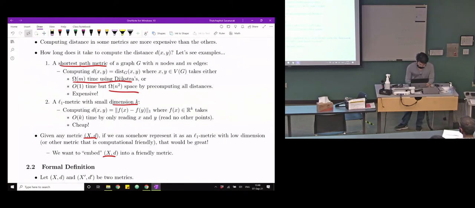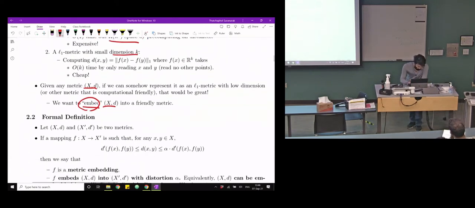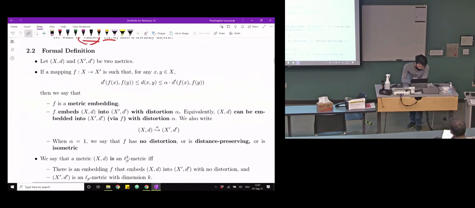So let me tell you what I mean by embed here, and what it means to have a small distortion that I mentioned. So now, the formal definition. Think of you have two metrics, X d and X prime d prime.